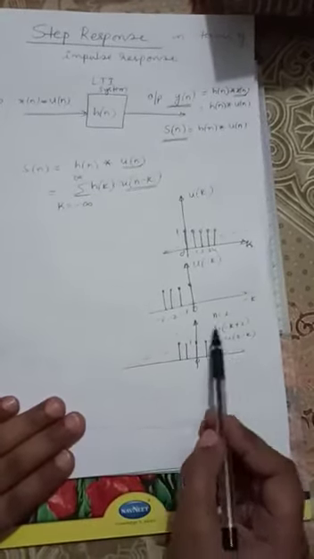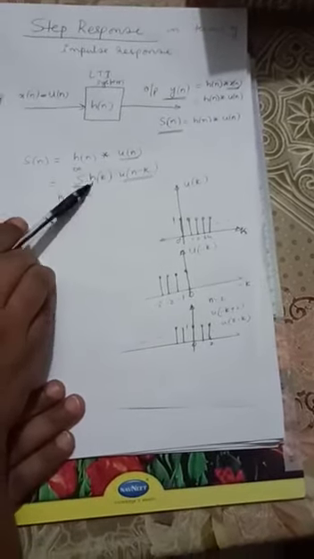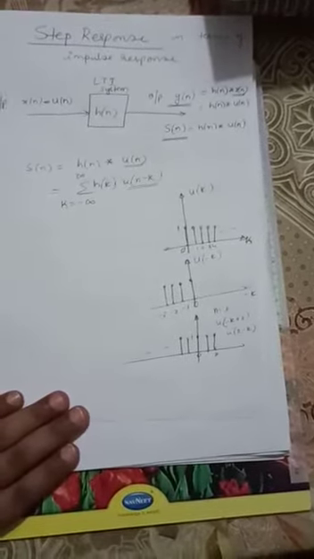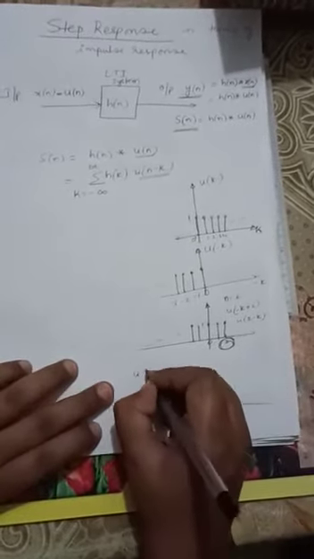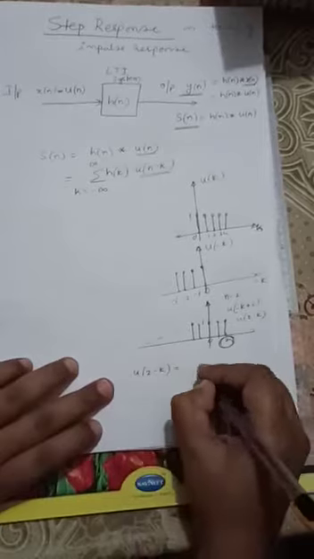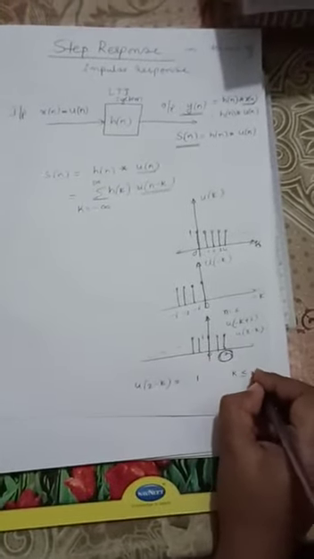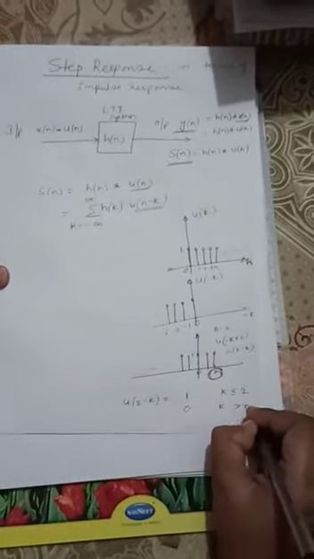Okay, so when you multiply this signal with your h of k, what output will you get? You will get only the product from minus infinity up to this value 2. How do you define u of 2 minus k? It is equal to 1 for k less than or equal to 2, and 0 for k greater than 2.